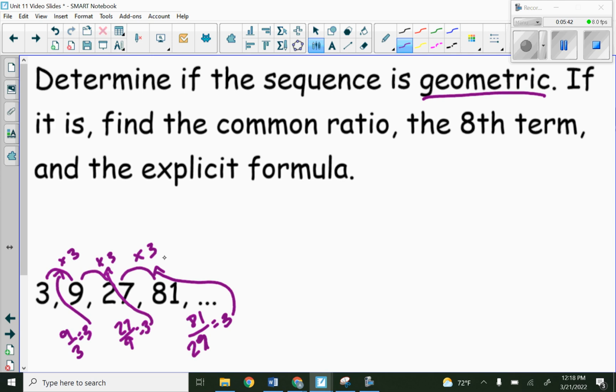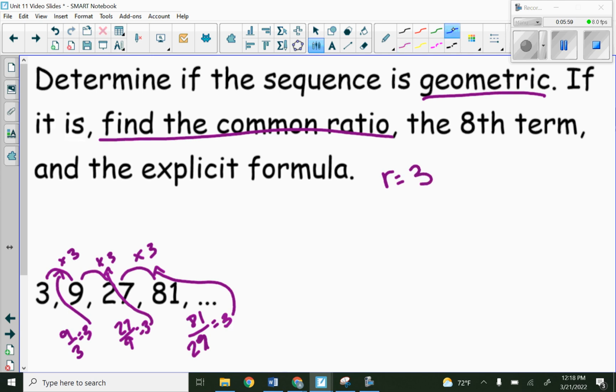So if you're ever unsure what you're multiplying by, work backwards and divide. So that means our common ratio equals 3.